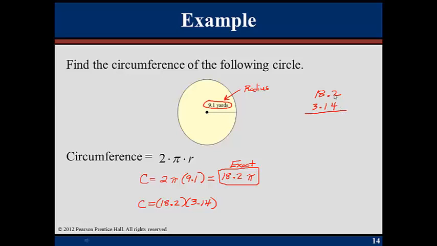And we can multiply and then add, and you should have 57.148.